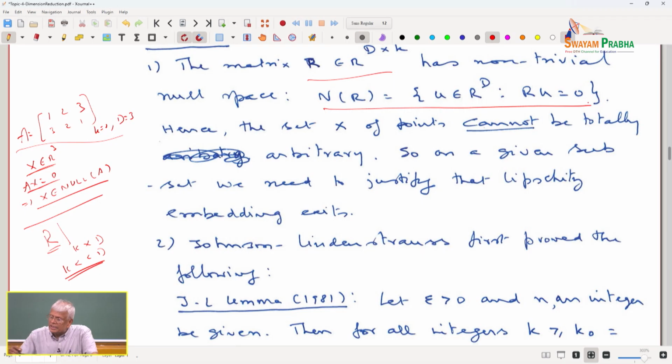So we tacitly assume that the given subset is not totally arbitrary. On a given subset, we need to justify that the Lipschitz embedding exists.